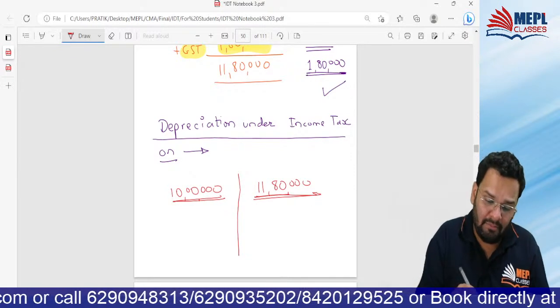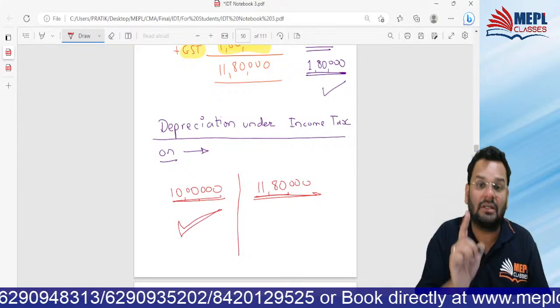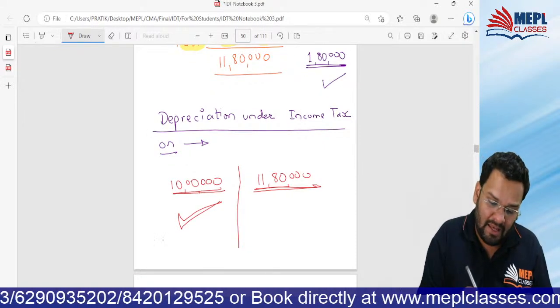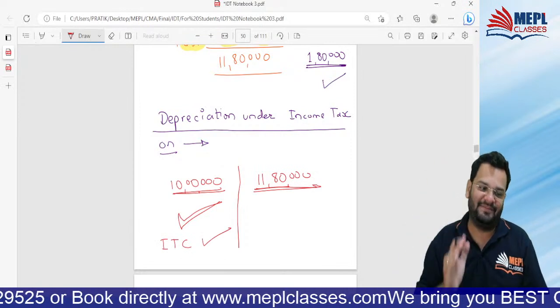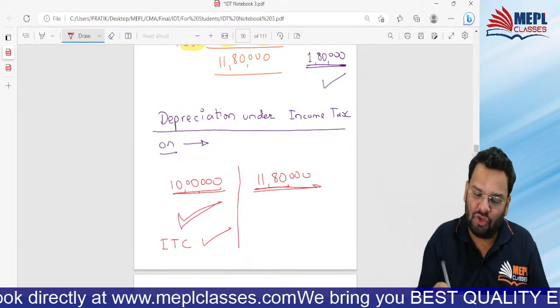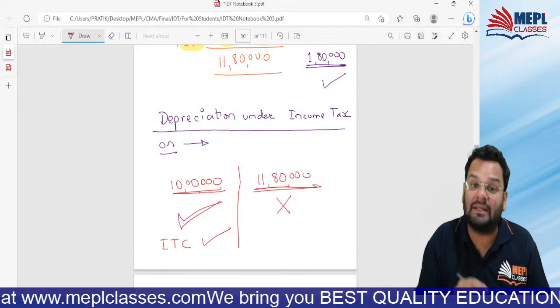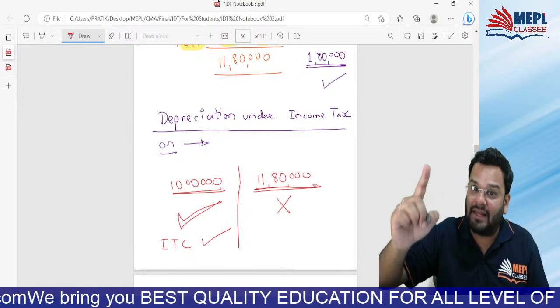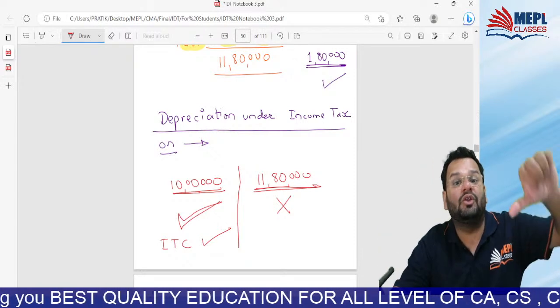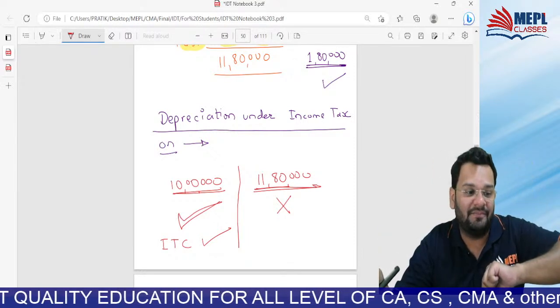We should claim depreciation on 10 lakhs. Then we can also claim the benefit of ITC. We should not claim on 11,80,000. If we claim on 11,80,000, we will not be able to claim ITC.